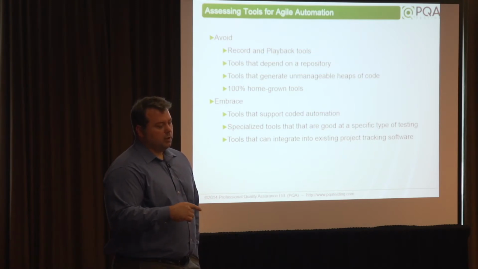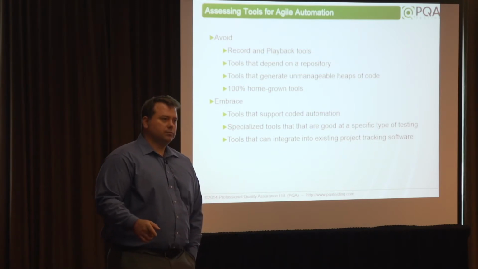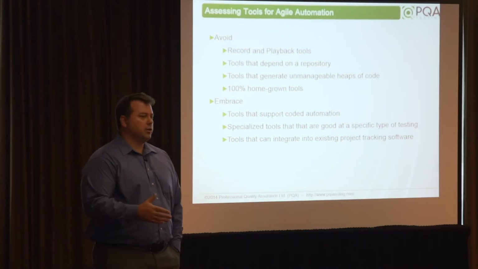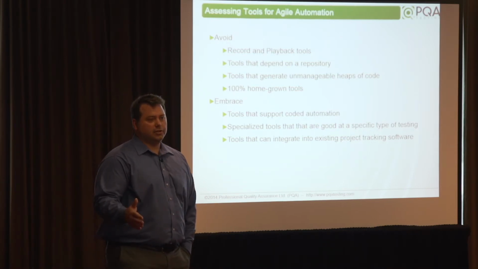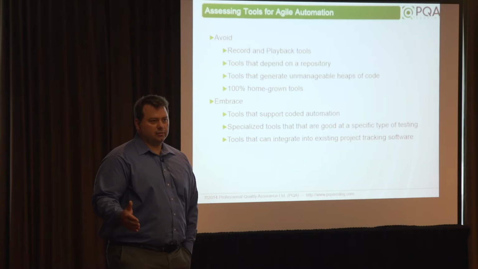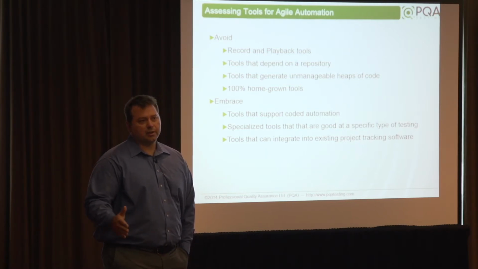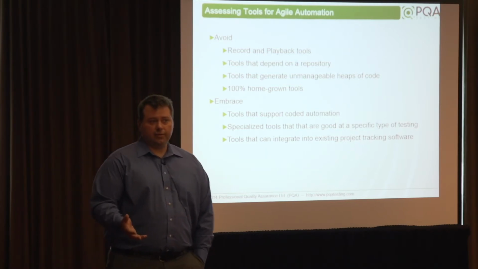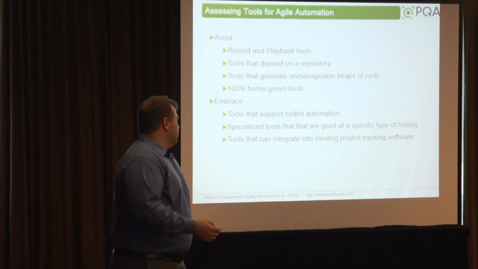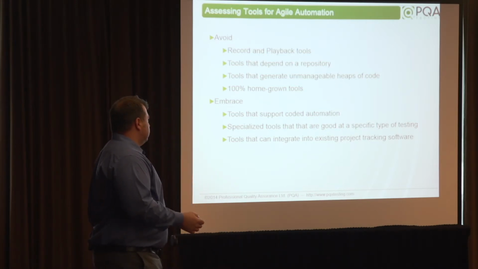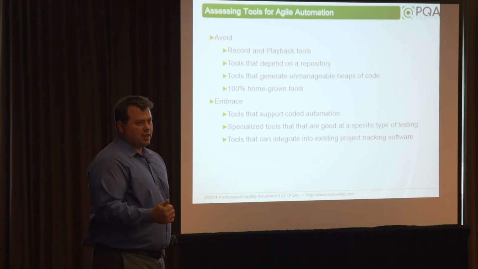With respect to the parallel versus the interval model, how are you going to record testing a feature if you don't have the feature yet? So you would absolutely be able to get nothing done until development gave you that feature. Tools that depend on a repository for the same reason.